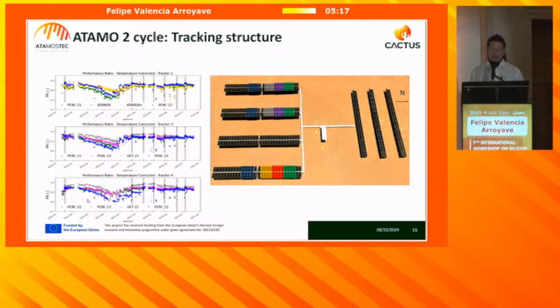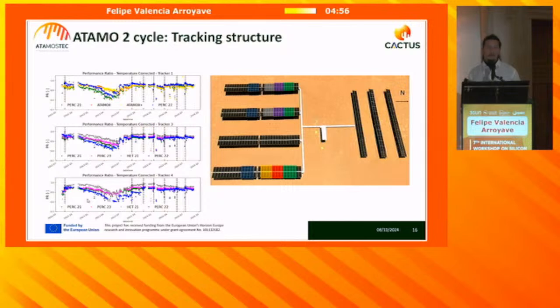In fact, as we see this increase in the fixed structure, we modified the tracking system control in order to promote the self-cleaning, because here we can put the tracking system in the position that we want.